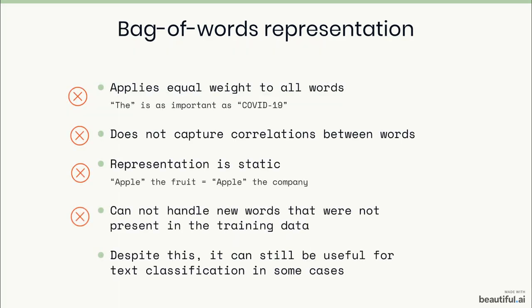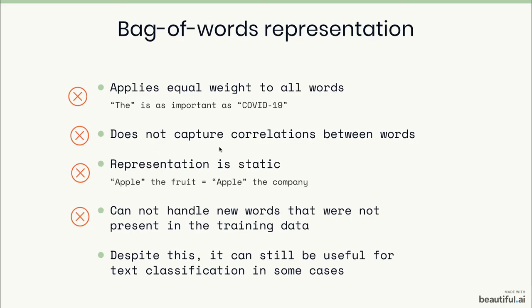Just to mention a few of the downsides of this representation, or the features that it is lacking: I've mentioned already that it applies an equal weight to all words. So very frequent words such as the in English are suddenly as important as words like COVID-19, which in the grand scheme of things are more rare.